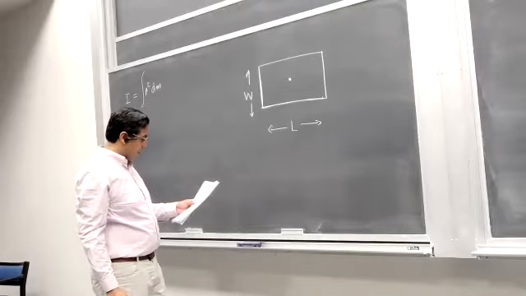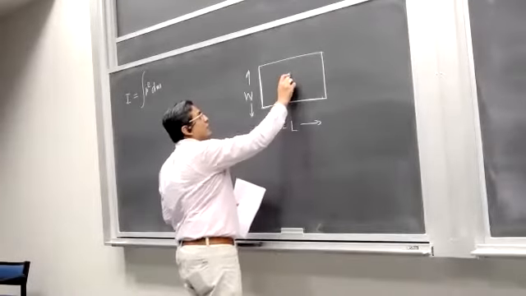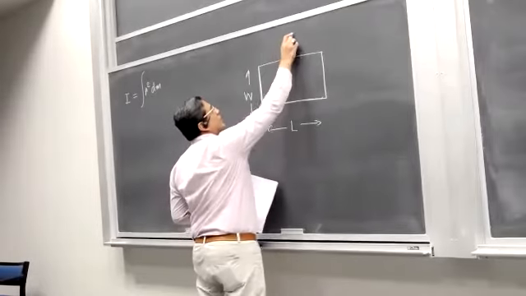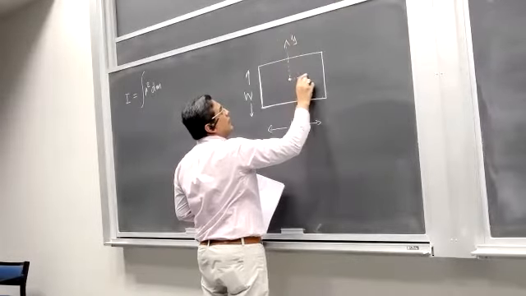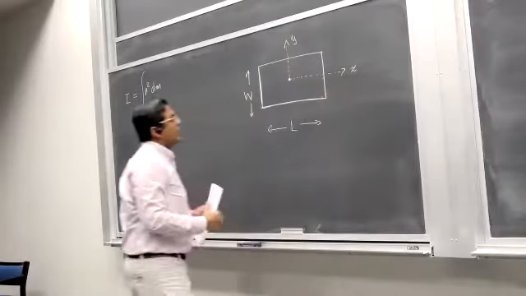And let's take the coordinate system. Let's set the origin at the geometric center of this object. So this is y and this is x. All right.